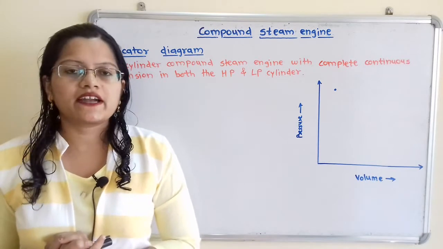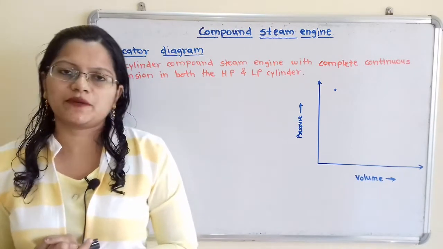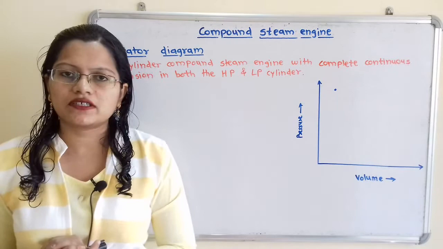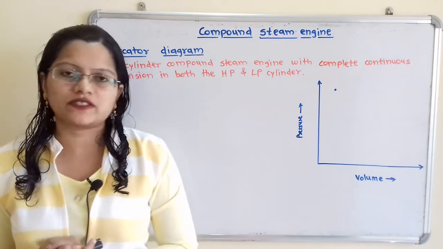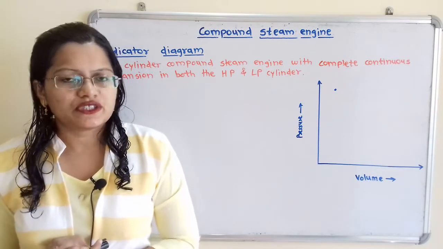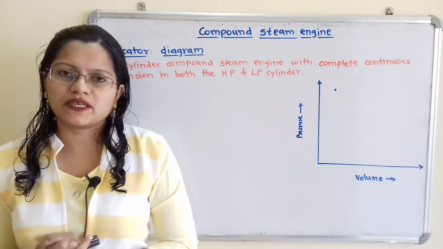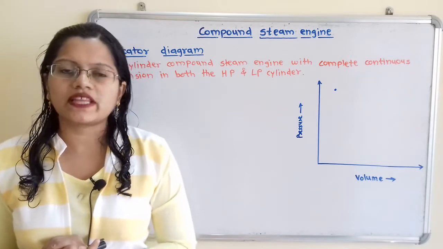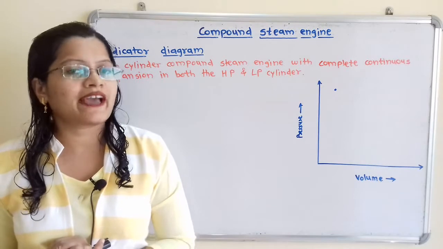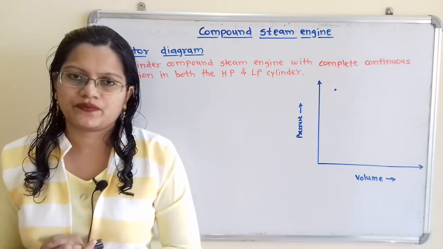To draw the indicator diagram for a compound steam engine, let us first understand the concept of a compound steam engine. An engine where the expansion of steam is taking place in more than one cylinder is known as a compound steam engine.